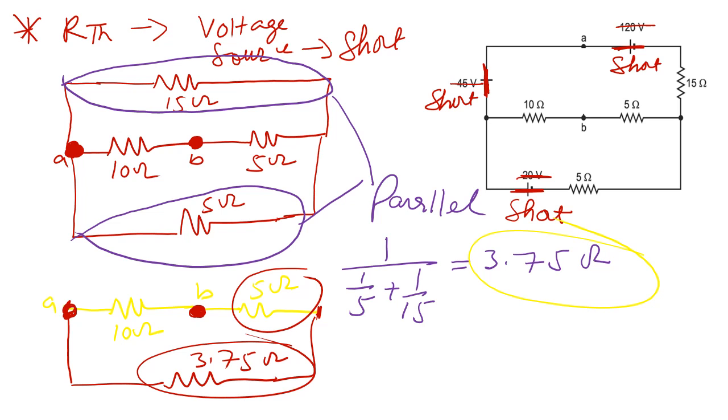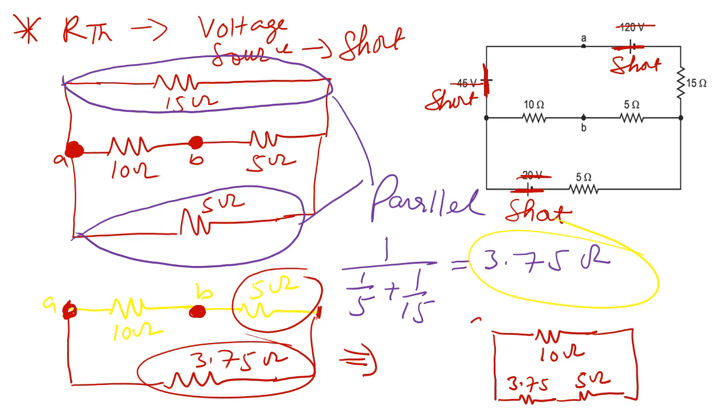If I redraw the circuit again, it will be like this. Here this is the 10 ohm resistance, here this is 3.75, and here it will come this 5 ohm.